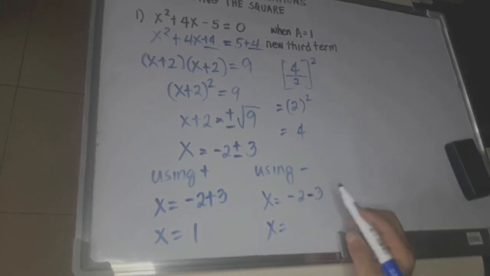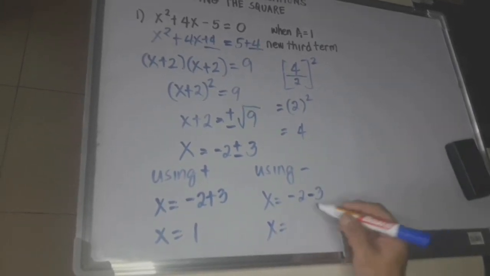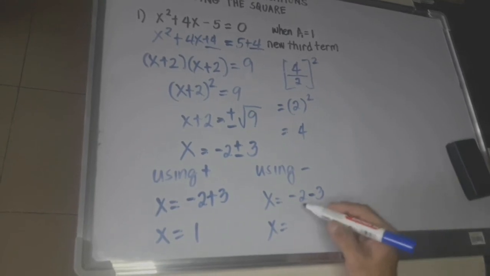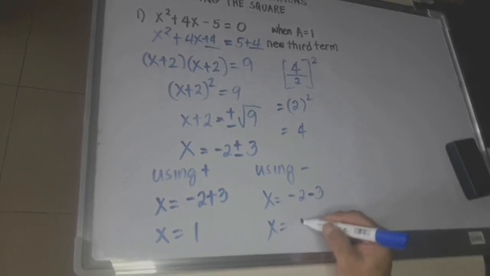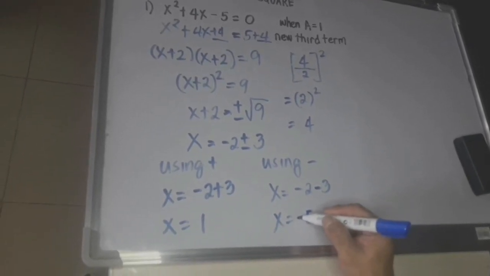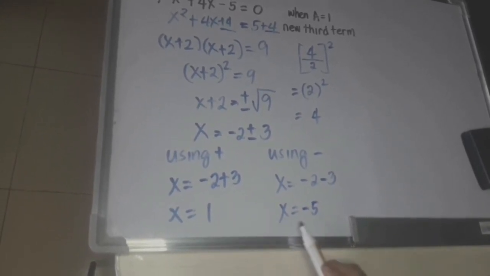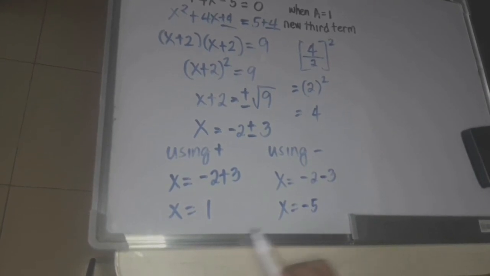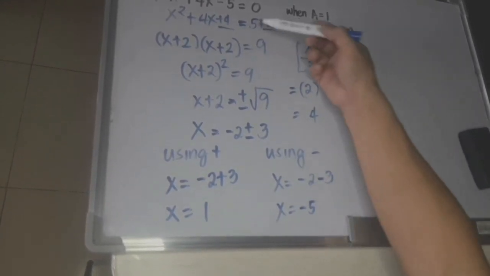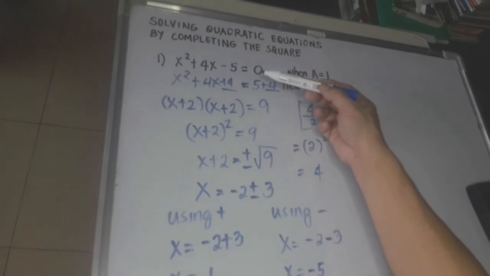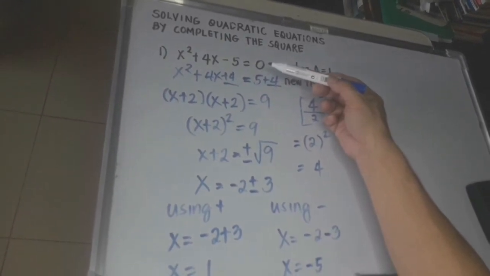The numbers here have the same signs, so add the numbers. 2 plus 3 is 5, and copy their common sign. So these are now the roots or the solutions of the quadratic equation x squared plus 4x minus 5 equals 0.